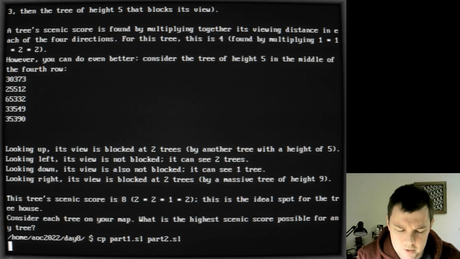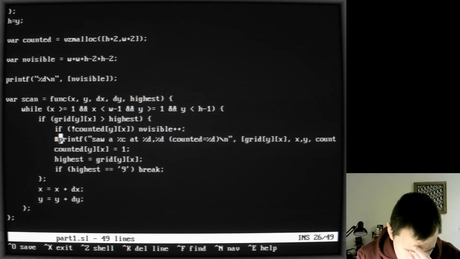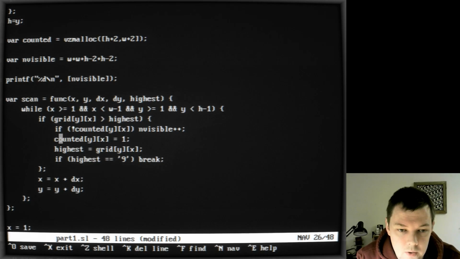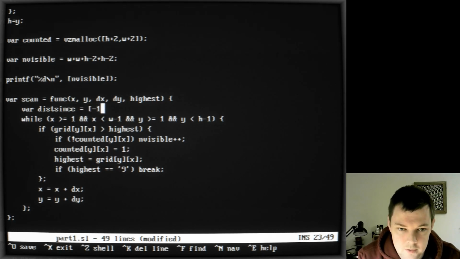Got a bit of an idea. I think we're going to have a second, well, no, we'll just use the one SCAMP function, and this will have distance since, for heights 3, 4, 5, 6, 7, 8, 9, 10.